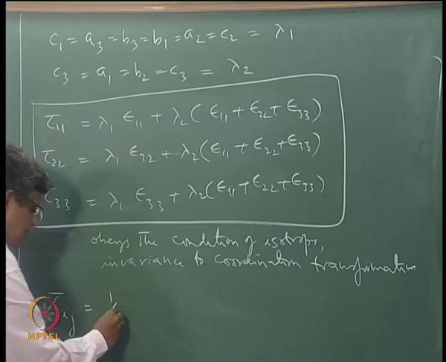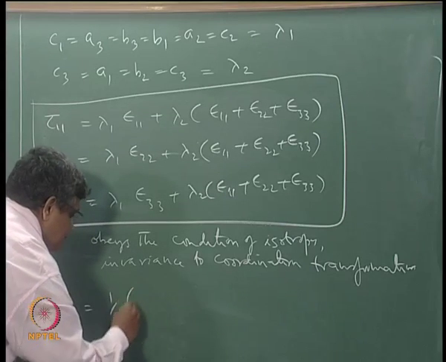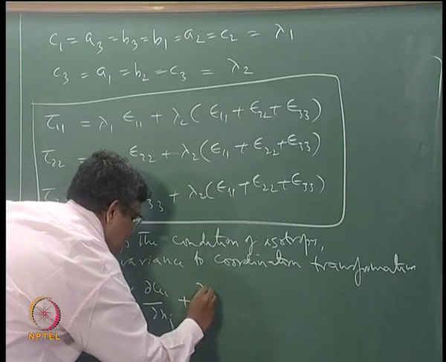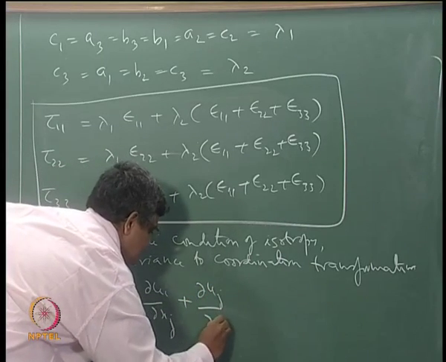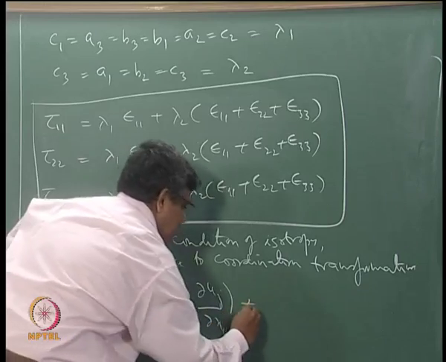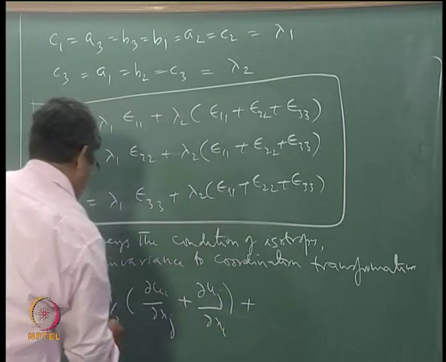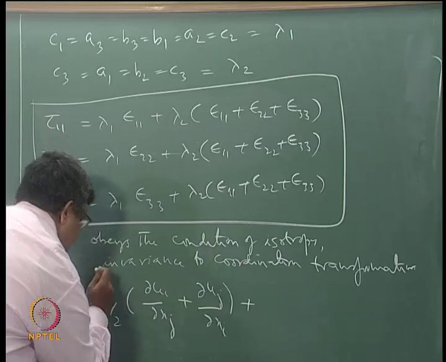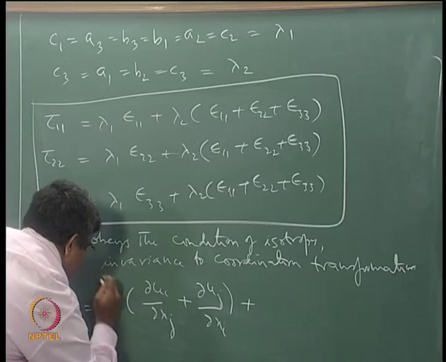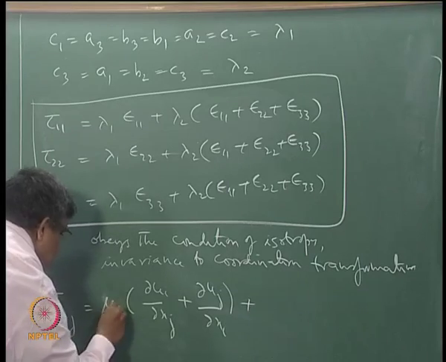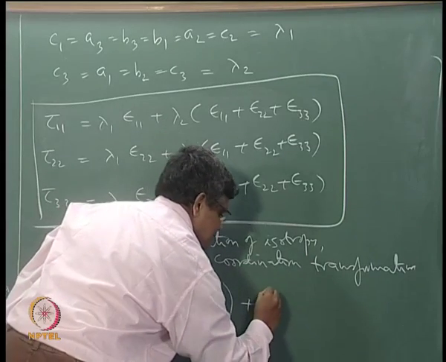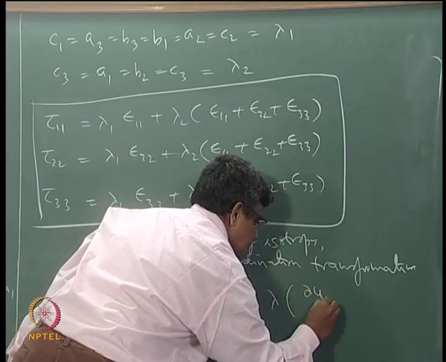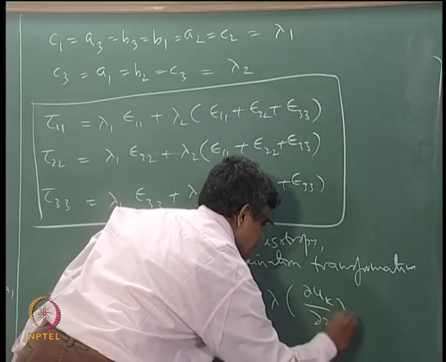half of (du i by dx j plus du j by dx i) times lambda 1, that is, mu times this, plus lambda times dou uk by dou xk.